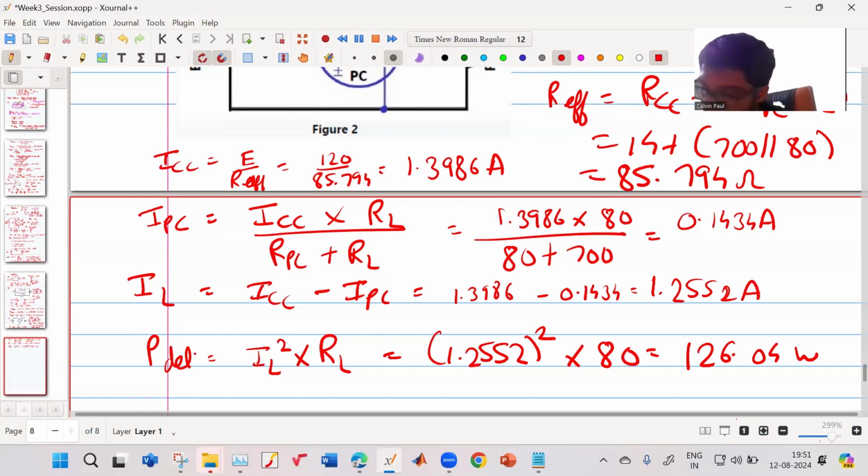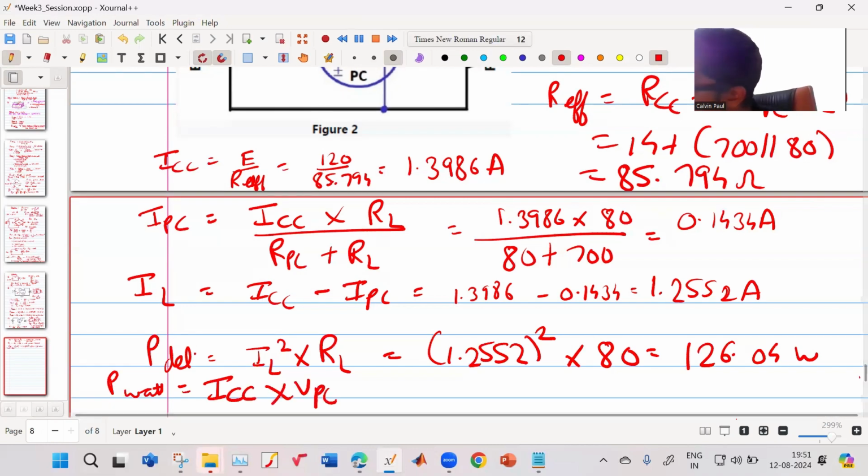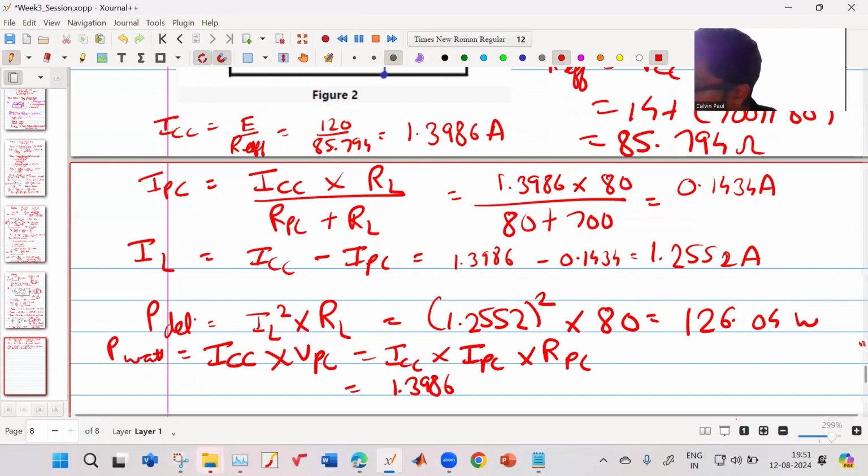But what is your wattmeter measuring? Your wattmeter is measuring the current in the current coil into the voltage in your pressure coil. And what is the voltage in your pressure coil? It is the current in the pressure coil into the resistance of the pressure coil, right? So that is equal to 1.3986 into 0.1434 into the resistance of the pressure coil, that is 700.